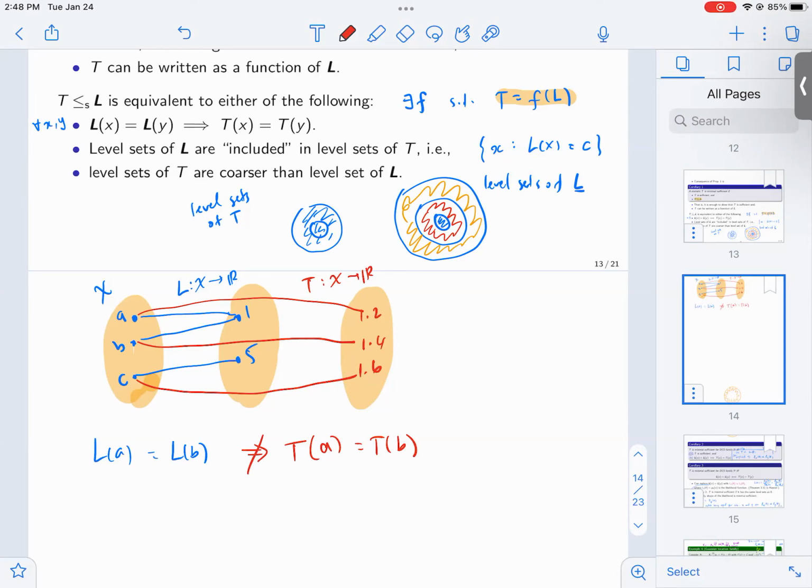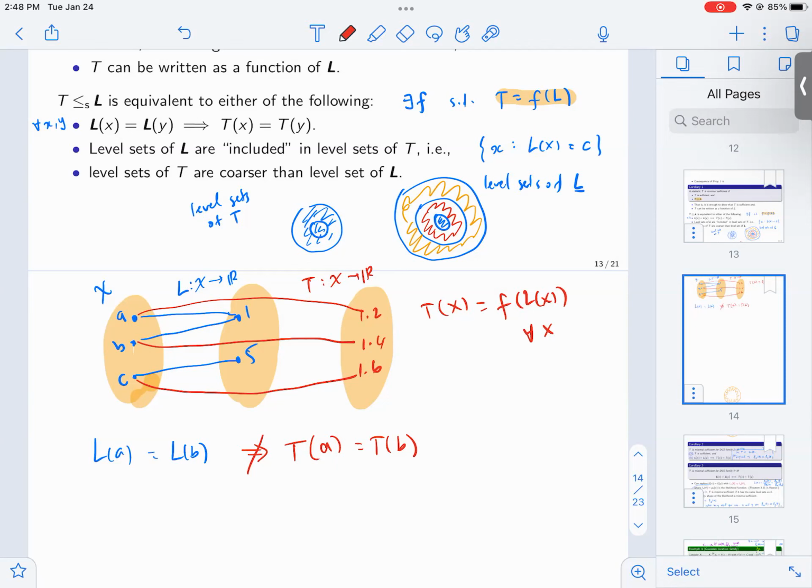So there is no function F such that T of X equals F of L of X for all X. Because A and B go to the same place under L, and then T takes one of them to something else.